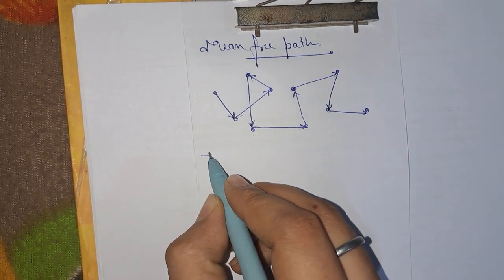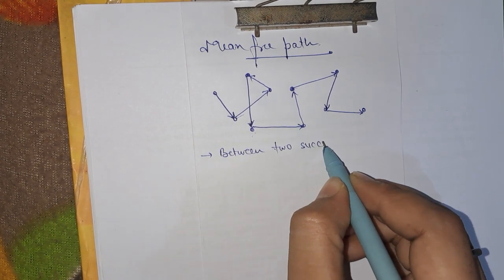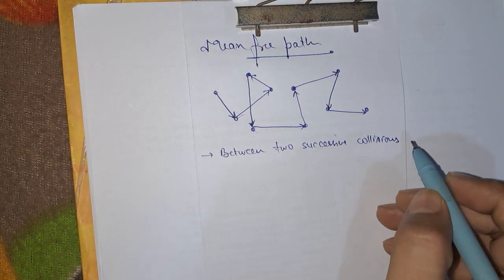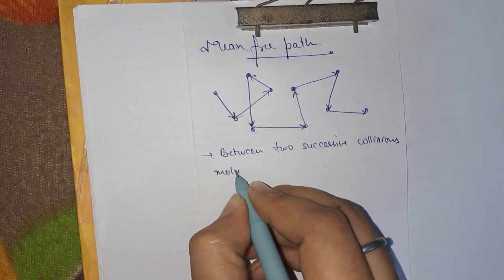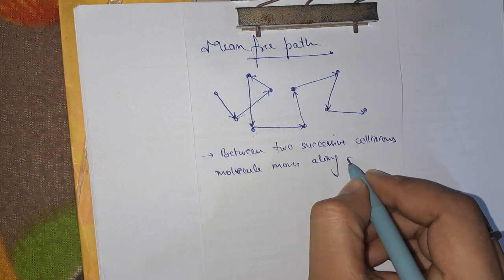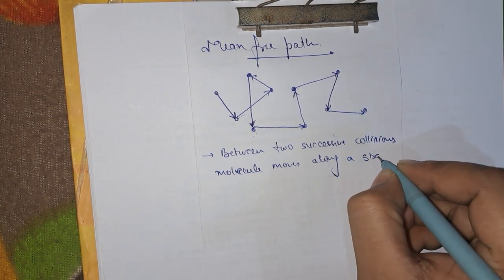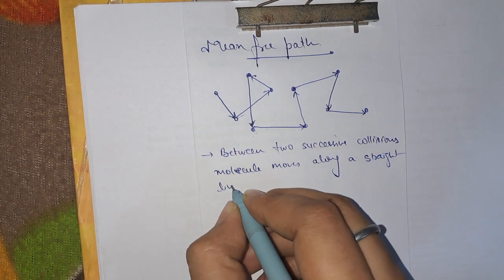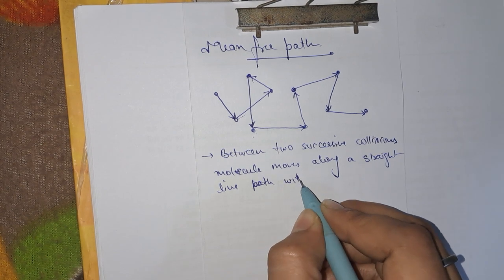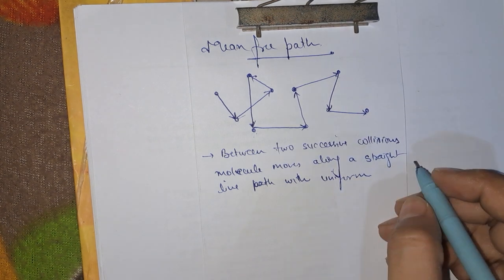Means you can say that between two successive collisions the molecule or the particle moves along a straight line path with uniform velocity.